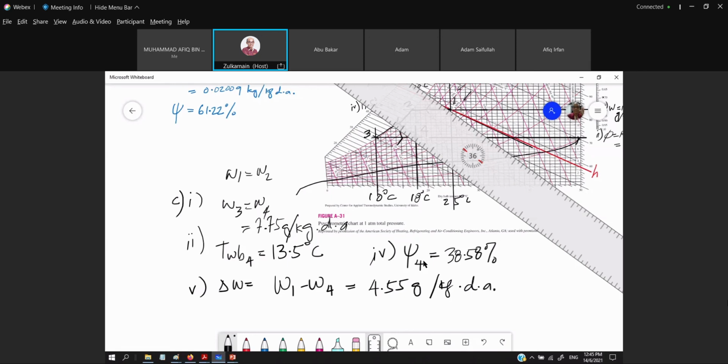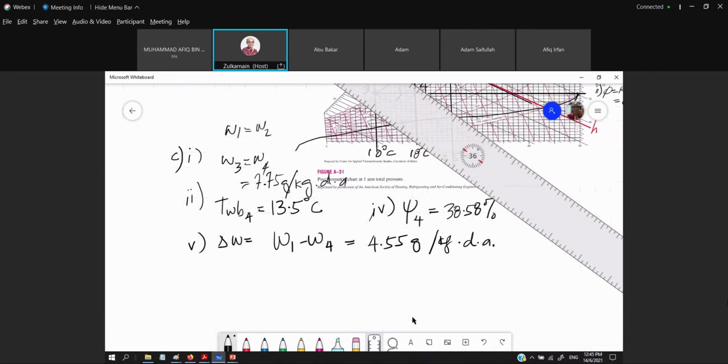Okay, and number 6 is to get the delta H. What is the change of enthalpy for the whole process? Then we get the delta H for cooling, which is equal to H1 minus H3.